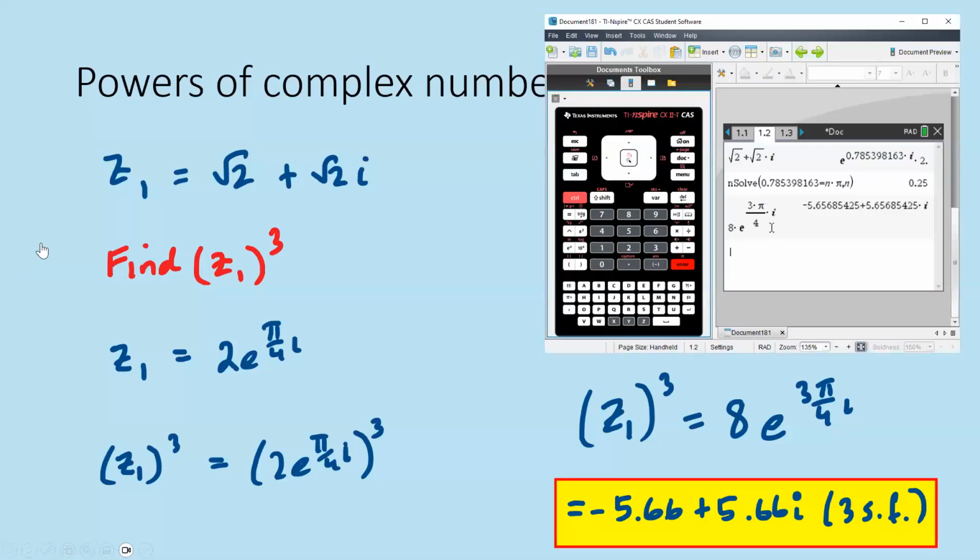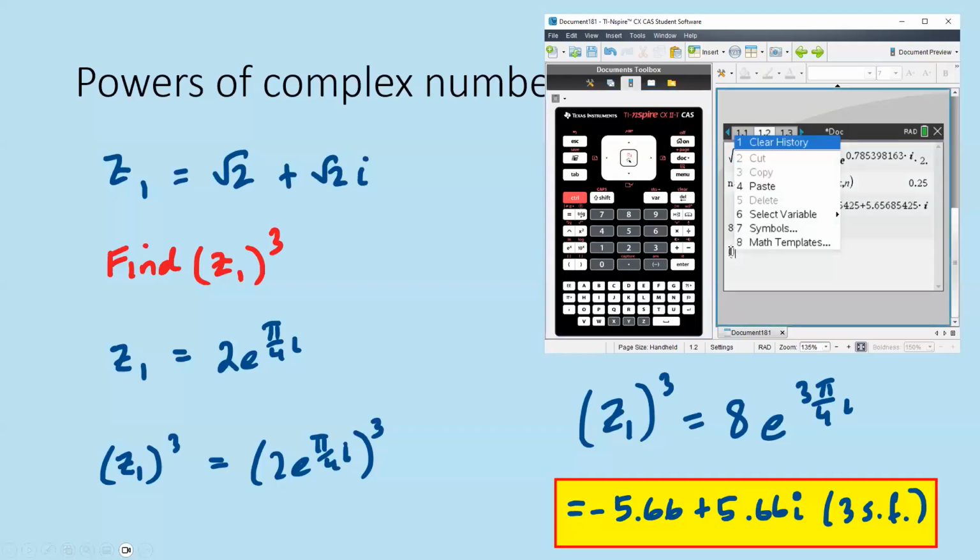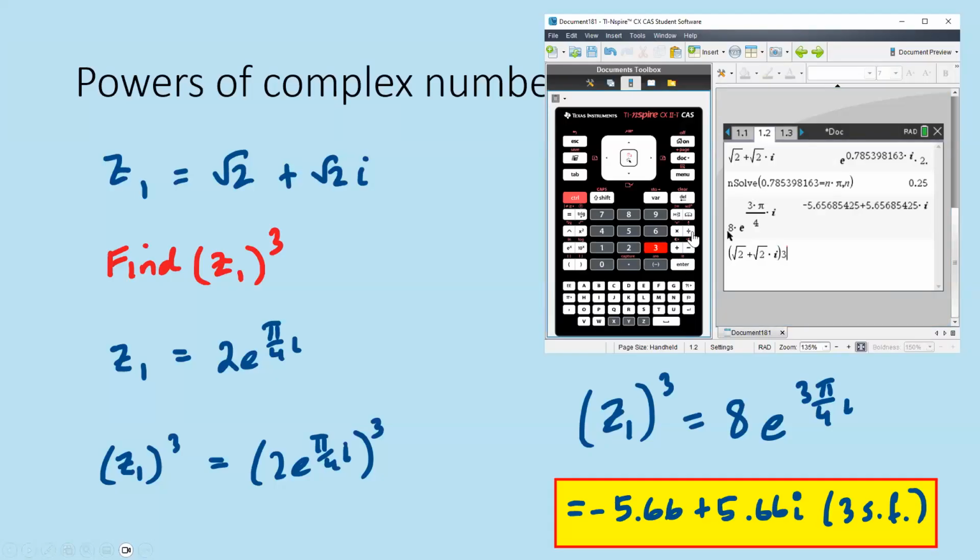Of course, in an exam, if you were asked this question here, we're in rectangular form on the calculator at the moment, note. If I just took square root of 2 plus square root of 2 times i, I could literally just write that in rectangular form inside a bracket and put that to the power of 3. Sorry, I haven't got the power of 3 there.